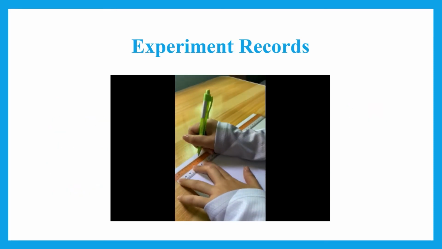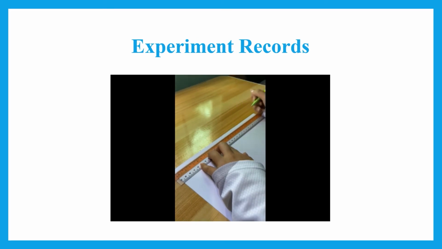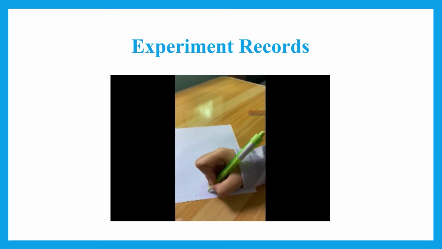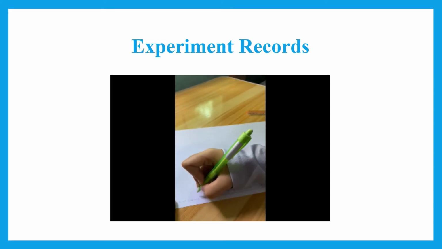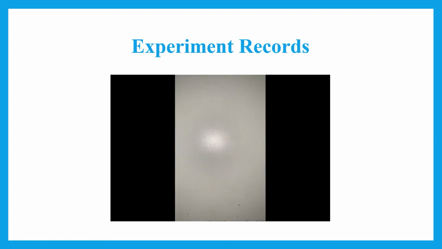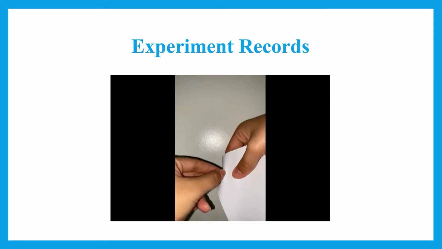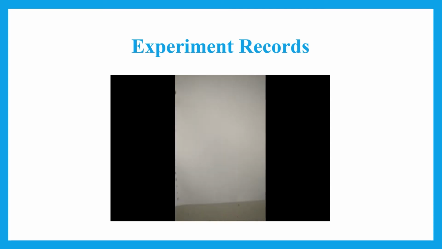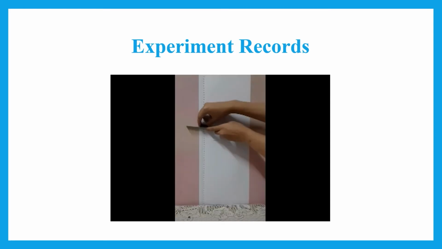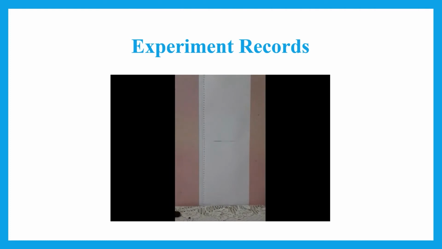Step 1. The A4 paper is measured and labeled with the height from the ground from 25 cm to 60 cm with 5 cm increments by using a meter ruler. Step 2. The labeled A4 sized paper is stuck on a vertical wall by using double-sided tape. Step 3. The eraser is placed and released from the labels of 25 cm to 60 cm with 5 cm increments on the A4 paper.